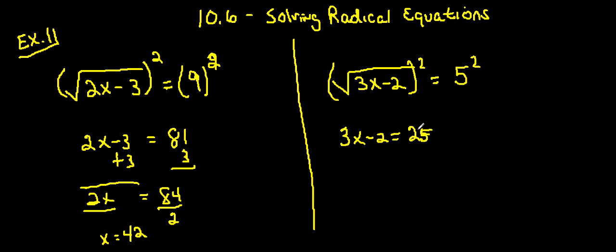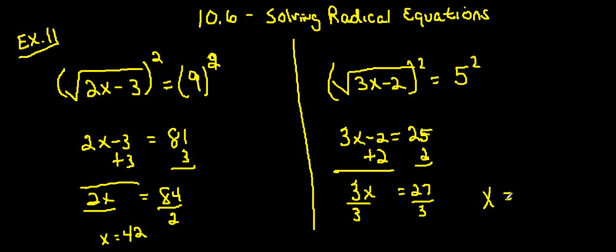Now I solve for x. I'll add 2 to both sides, which gives me 3x equals 27. Divide everything by 3. So therefore x equals 9.